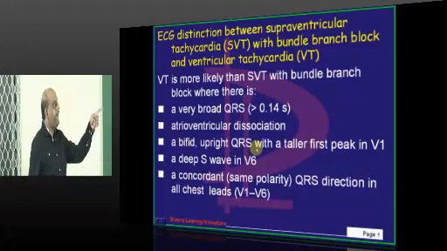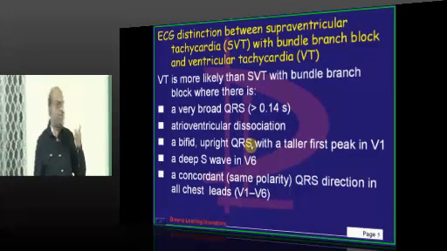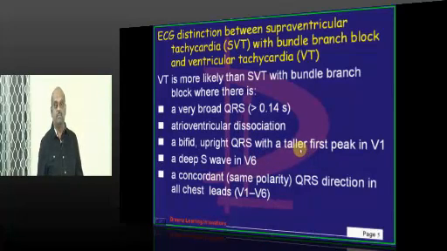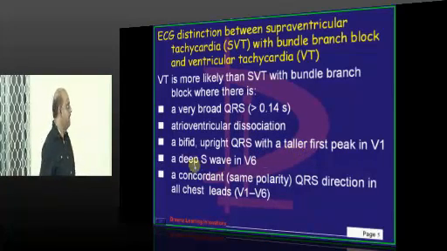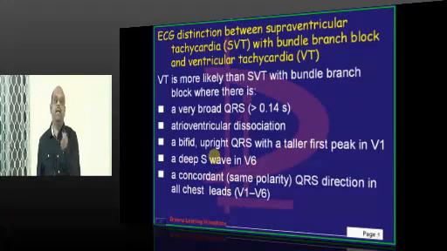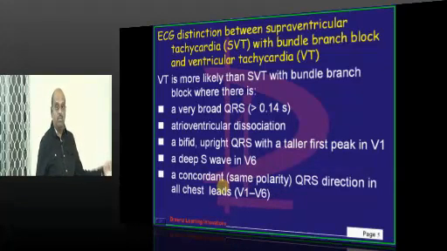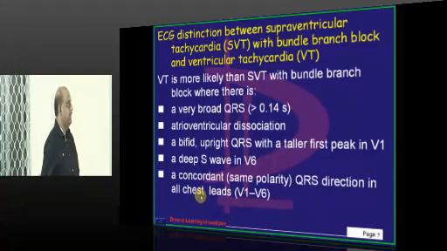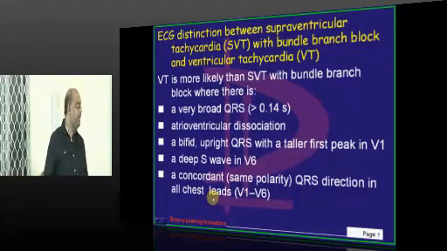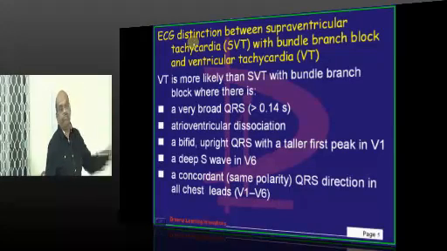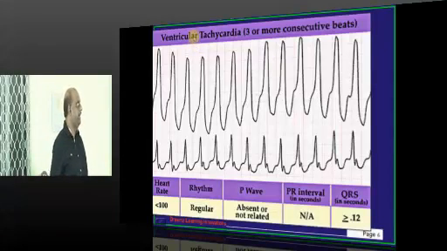A bifid upright QRS with the tallest peak in V1, a right sided lead, or if there is a deep S wave in V6, a left sided lead. If there is a concordant QRS direction, that is the same polarity of the QRS complex in all the chest leads, V1 to V6, they are all in favor of VT instead of SVT.